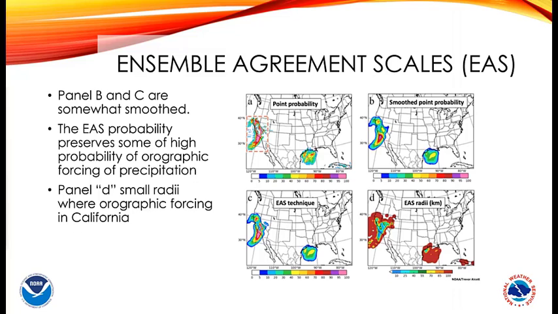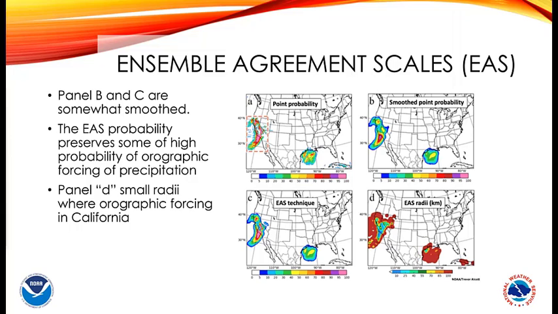So, for example, what we have here is panel A is a point probability, B is a smooth point probability. Then we come back with the EAS technique, and this bottom right one actually shows what the radius is that's calculated. What we see here on the smooth probability, especially for California, if people who've been out in California know the Sierra Mountains, and then further up the Cascades, there's no rain up there.